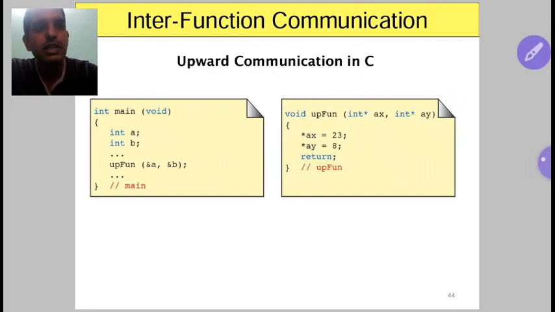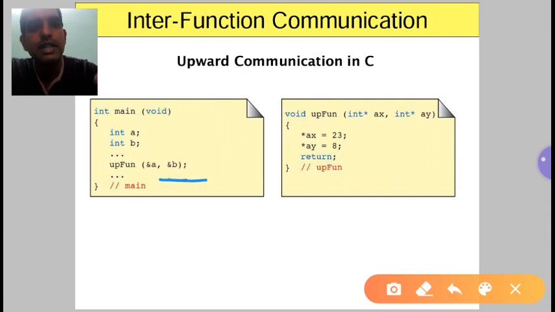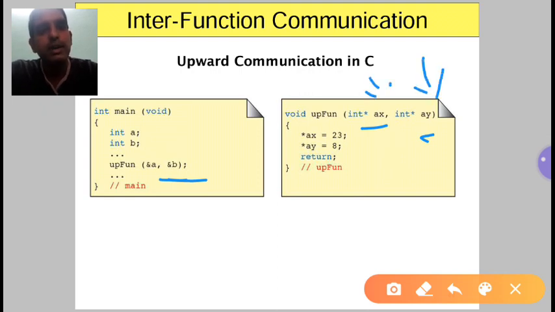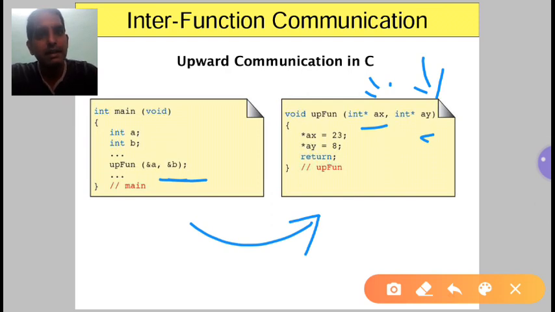Instead of passing the values a and b, we are going to pass the address of a and the address of b. Only pointers can store addresses. So the address of a will go into ax, and the address of b will go into ay. This sending of addresses from the calling function to the called function, we'll be calling call by reference.